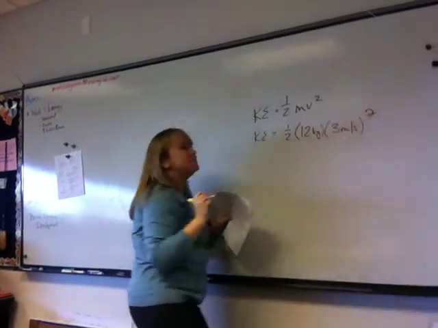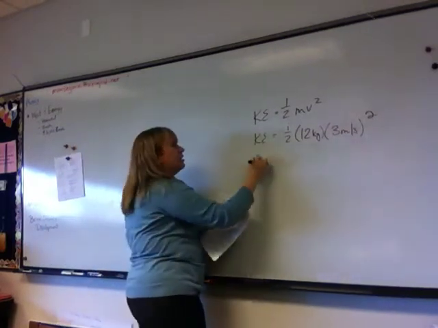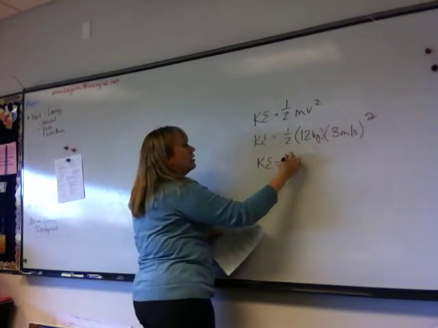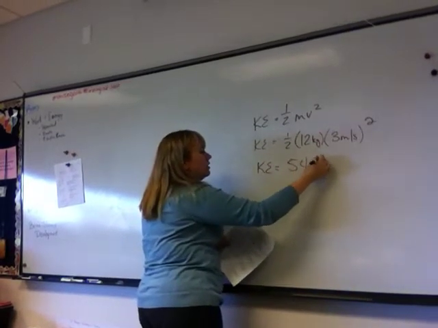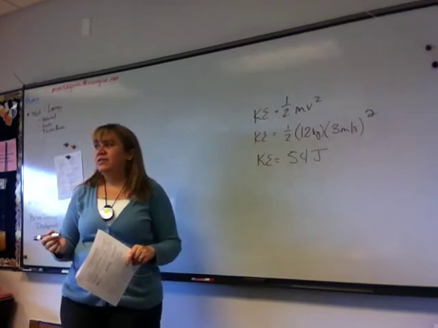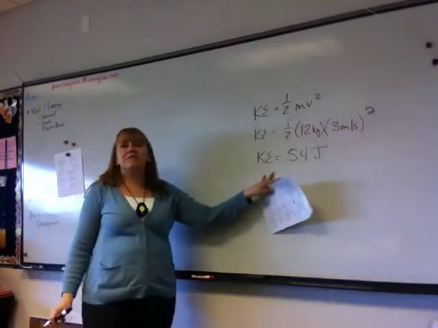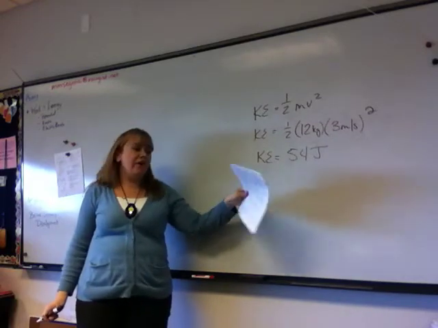Thank you. All right, I always forget that one. So what's our kinetic energy? You should end up with 54 joules. So 54 joules of energy for Slim Jim to carry it that far.